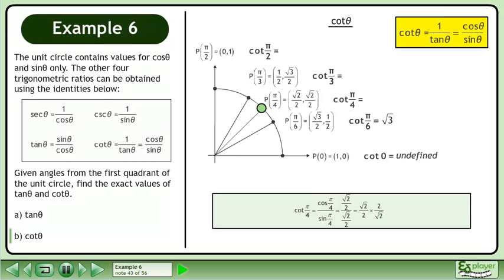Divide the fractions. Multiply the numerator by the reciprocal of the denominator. Multiply to get 1. The exact value of cotan pi over 4 is 1.